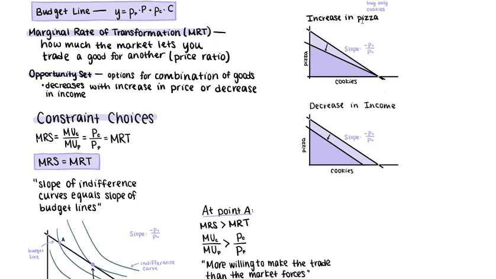Just like the right-hand graph, with an increase in pizza price, the y-intercept is smaller than the original budget constraint line because the price of pizza goes higher. So the slope gets flatter. Meanwhile, a decrease of income is just a parallel inward move, and the area shrinks.